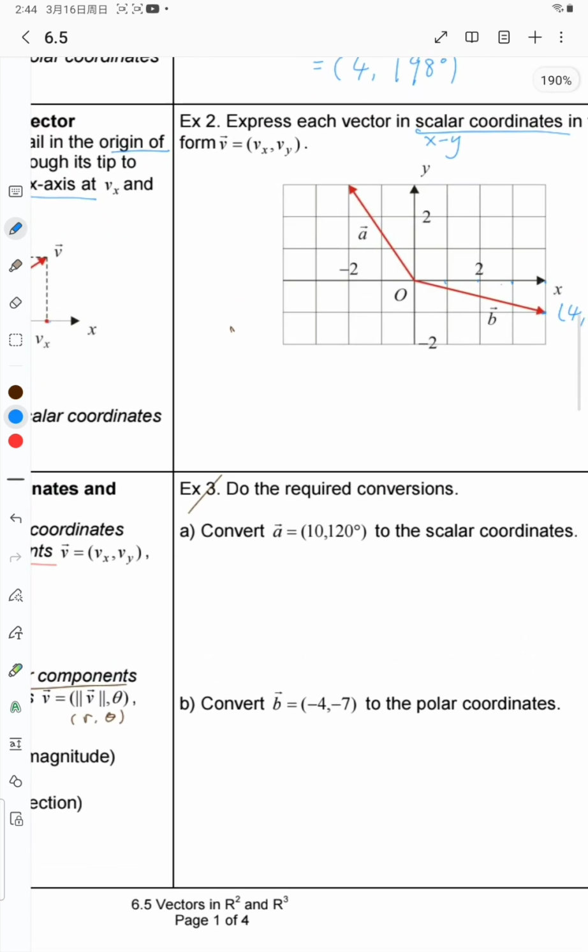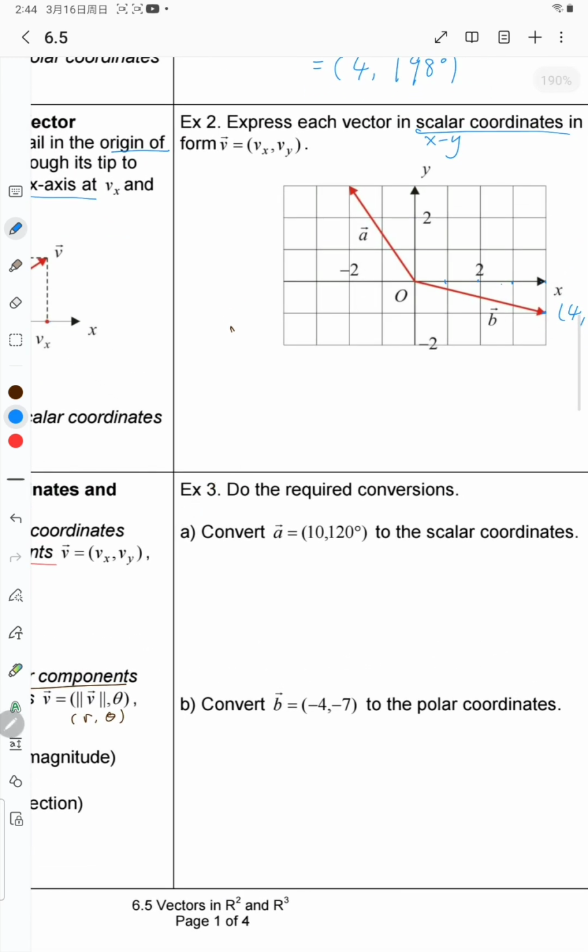I'm just going to let you start for 30 seconds, and then we're going to write it out. Okay, so first convert something from the polar coordinates to scalar coordinates, and then just draw something. All right, so just start drawing something, and then convert, right?